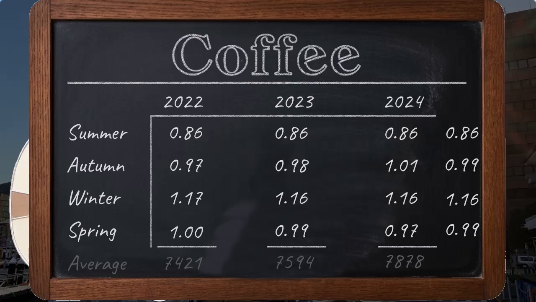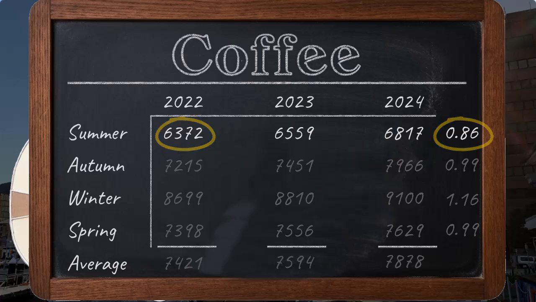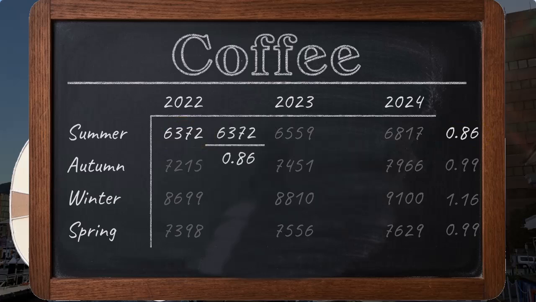Now that we have these values, we can generate a table of de-seasonalised data. Each data value in the original table is divided by the corresponding seasonal index. Once again, there's a lot of calculations, which is where this widget is going to save you a lot of time.